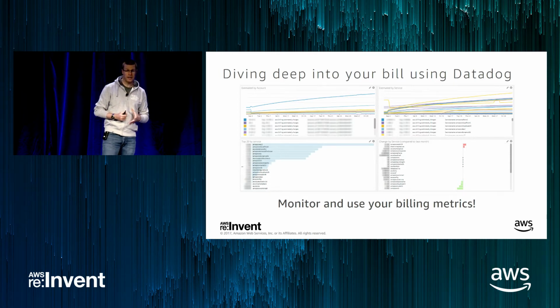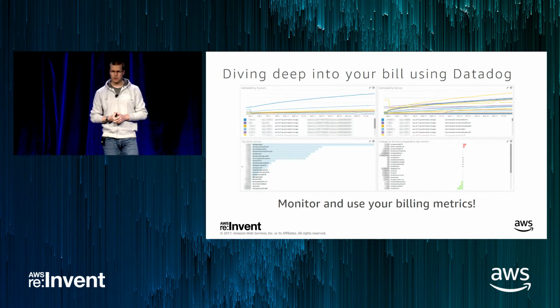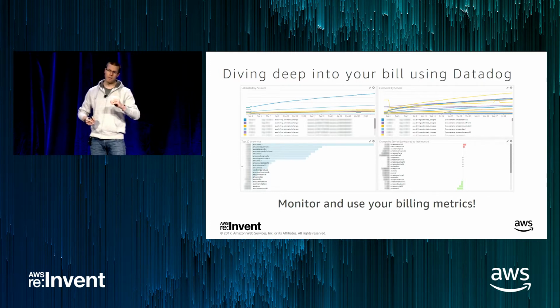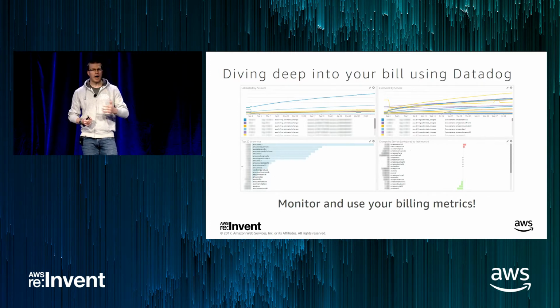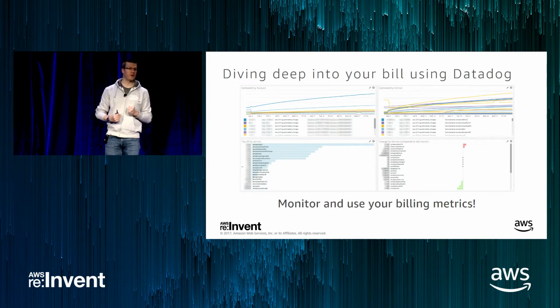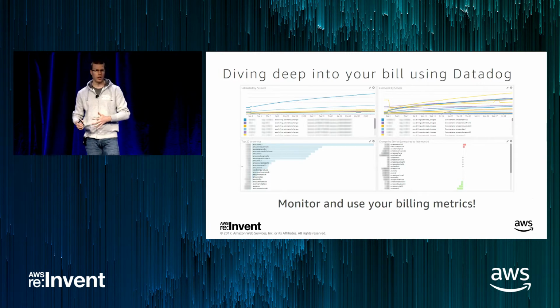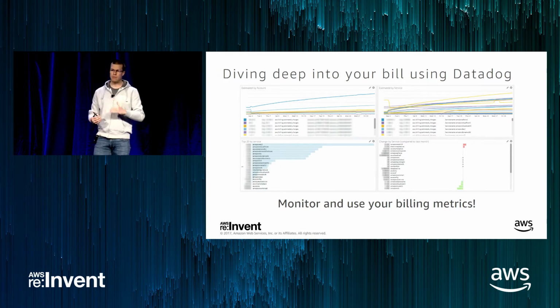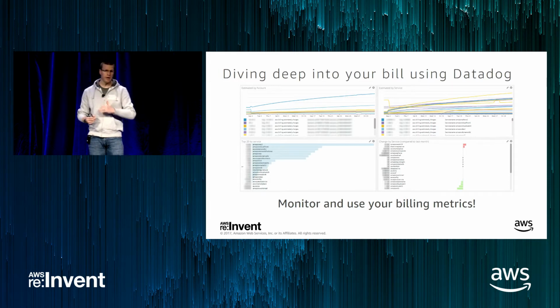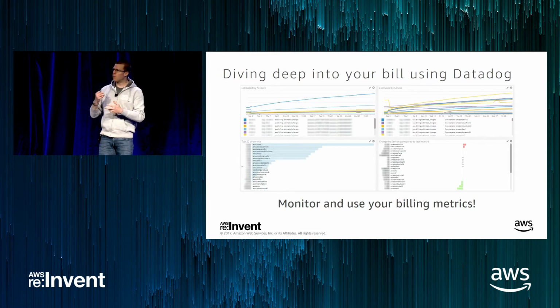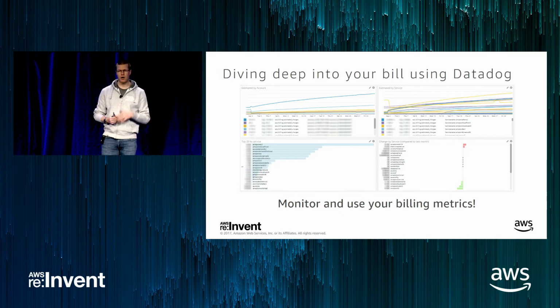And in our case, we're using Datadog for that. I don't want to emphasize so much about Datadog. It's more about that all your billing metrics are inside of CloudWatch and they are available to you. So for us, Datadog takes the job of pulling those metrics out of CloudWatch, and we build out a dashboard inside of our monitoring tool to be able to correlate our tech metrics and our tech alerts to our billing metrics, so that we're able to see if something happens inside of our billing, like more EC2 spend, more spend on databases, more spend on DynamoDB, all this kind of stuff.